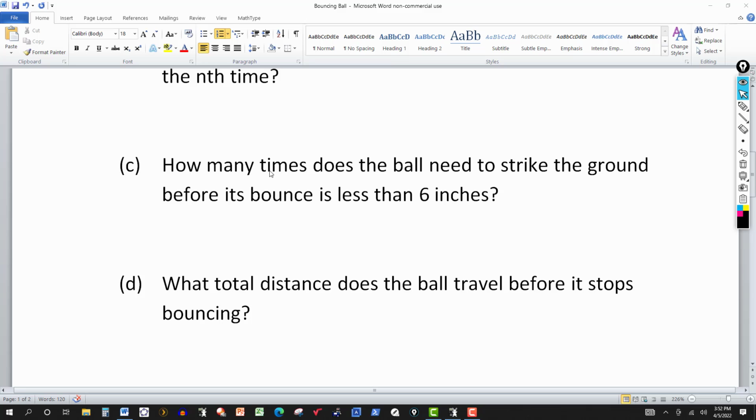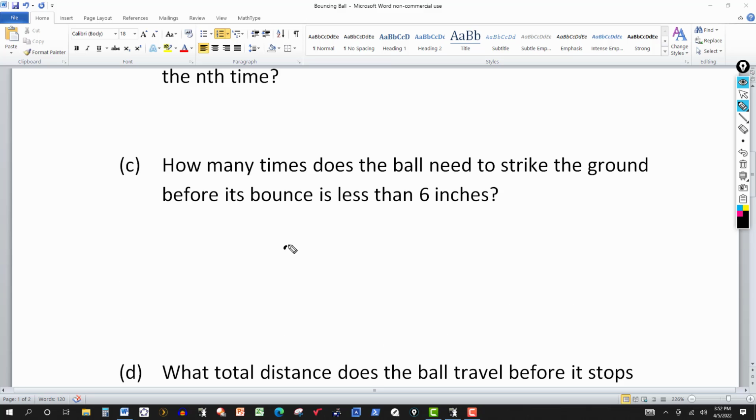This one: how many times does the ball need to strike the ground before its bounce is less than 6 inches? Okay, bounce has to be less than 6 inches. So let's set it up this way. It's going to be 30 multiplied by 0.8 to the nth.